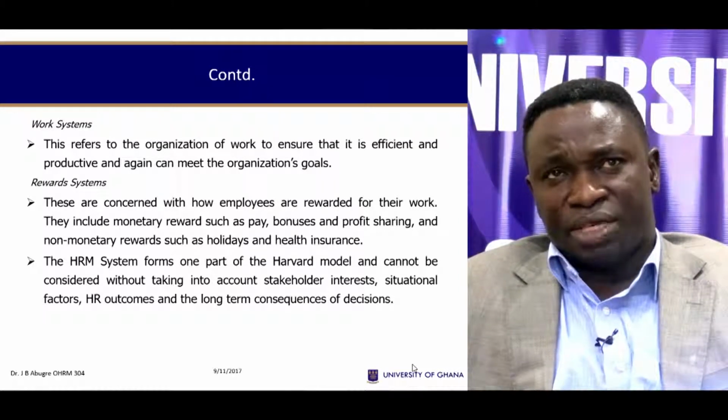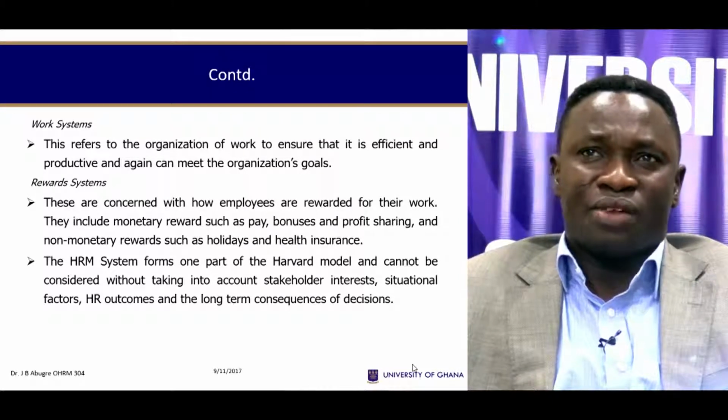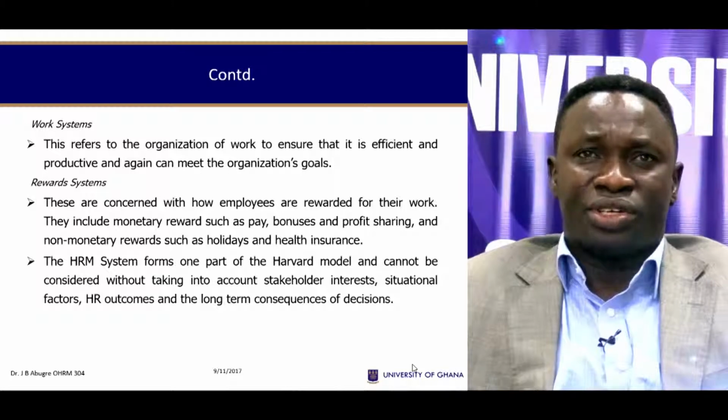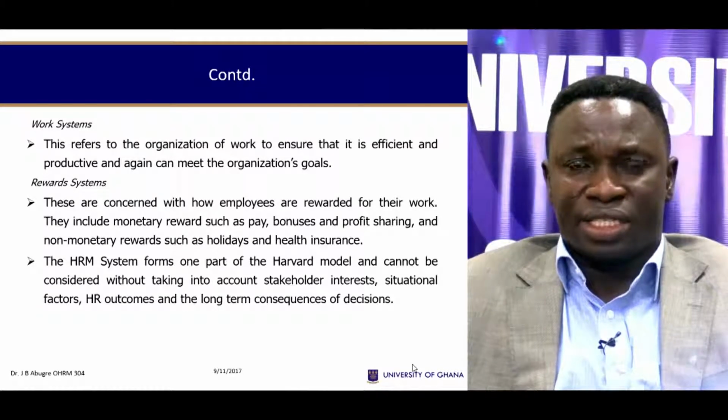Also reward systems, which are concerned with how employees are rewarded for their work. They include monetary rewards such as pay, bonuses, profit sharing, and non-monetary rewards such as holidays and health insurance.